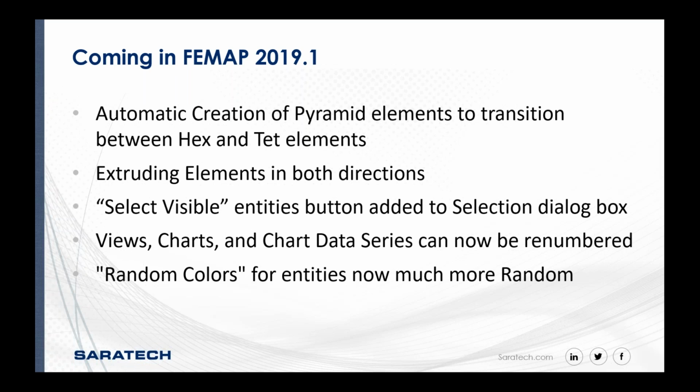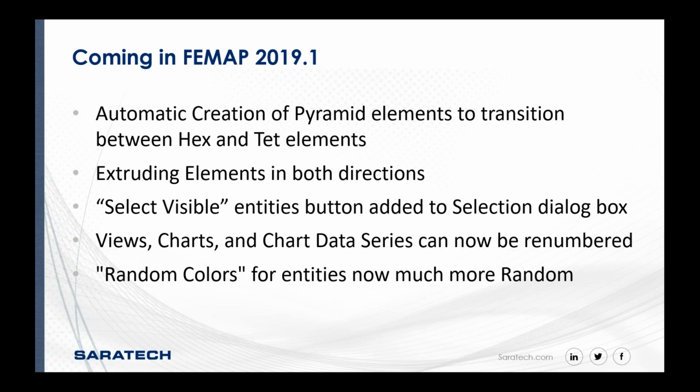Again, automatic creation of pyramid elements to transition between hex and TET elements, and being able to extrude elements in both directions. We added a select visible button to pretty much every selection dialog box. Previously, you would have had to get all the entities you want on the screen, then do a box pick around them.